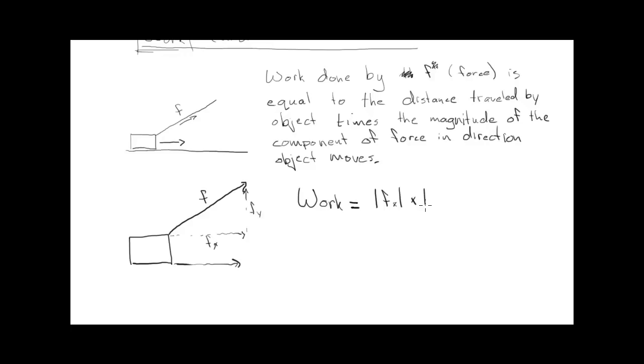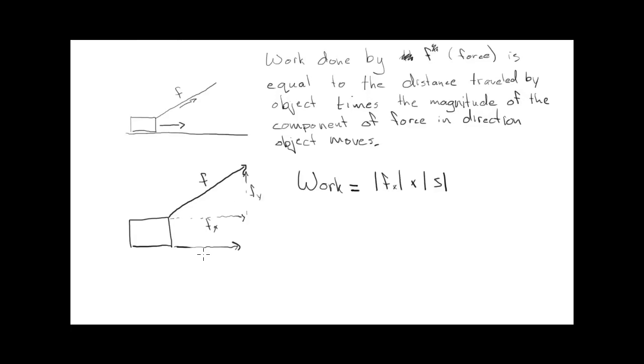So let's let S be the vector, which gives us the distance, so we'll say the magnitude of S. Okay, so magnitude of Fx times magnitude of S. S is in that direction. Probably should have had vectors on those F's, even the components. There we go, we got a formula.